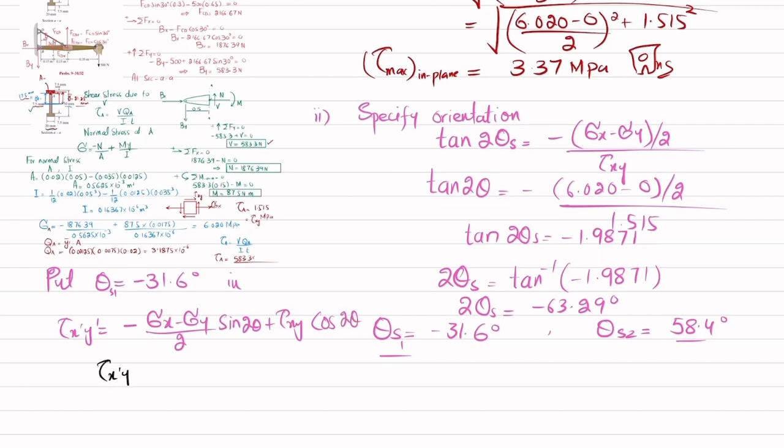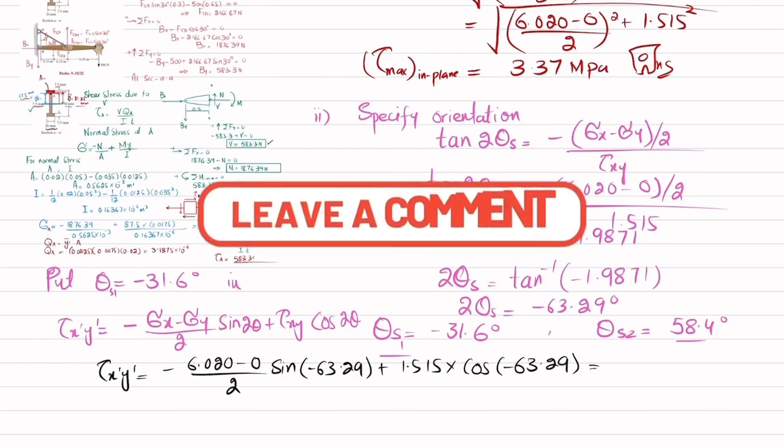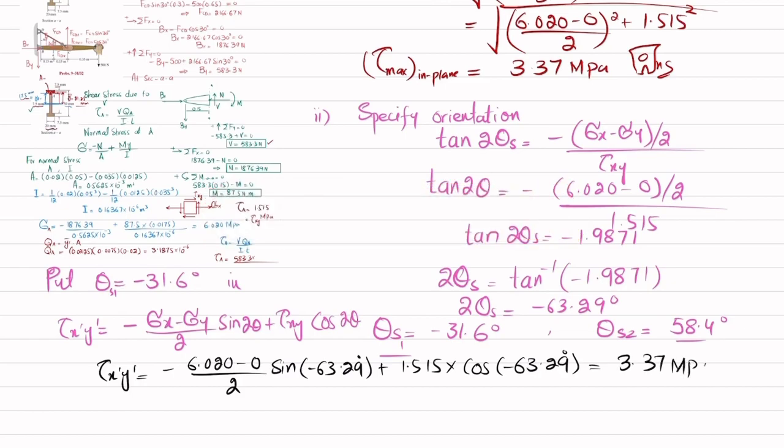Tau of x dash y dash will be equal to minus (6.020 minus 0) divided by 2 into sine of minus 63.29 plus tau of xy, which is 1.15, into cos of minus 63.29 degree. And when you calculate it, you will get tau is 3.37 megapascal, which is the same as the maximum in-plane shear stress.